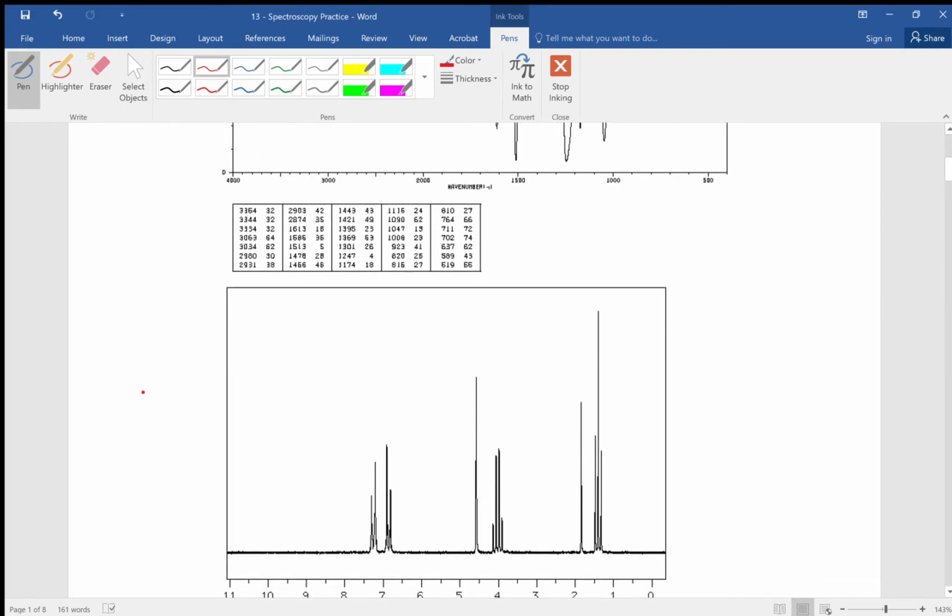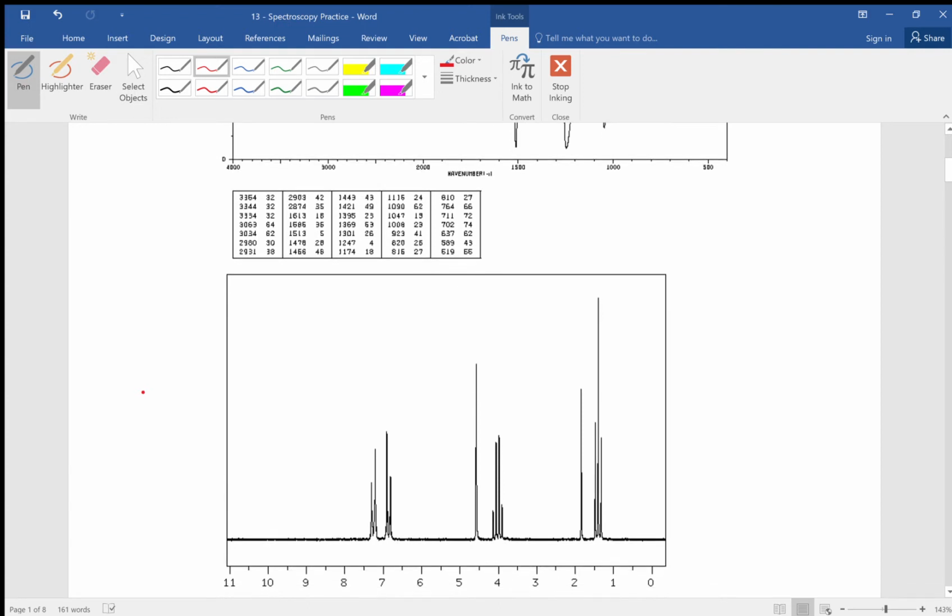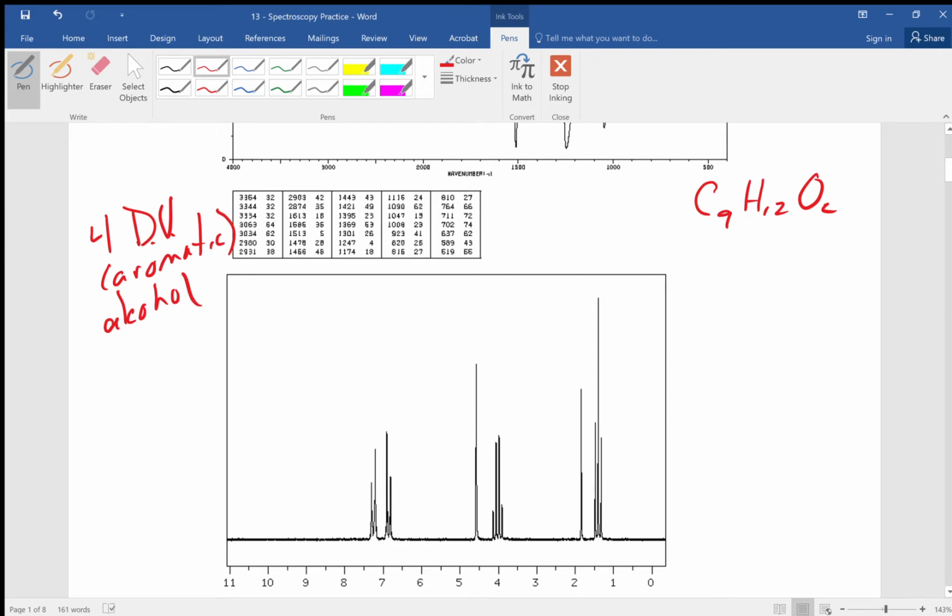Now we can scroll down and look at our proton NMR. Again, I'm just going to rewrite our formula so we have that to refer to. And we know that we have 4 degrees of unsaturation, which means that we likely have an aromatic ring. And we know we are very likely to have an alcohol. So the first thing that we see are these 2 doublets in the aromatic region.